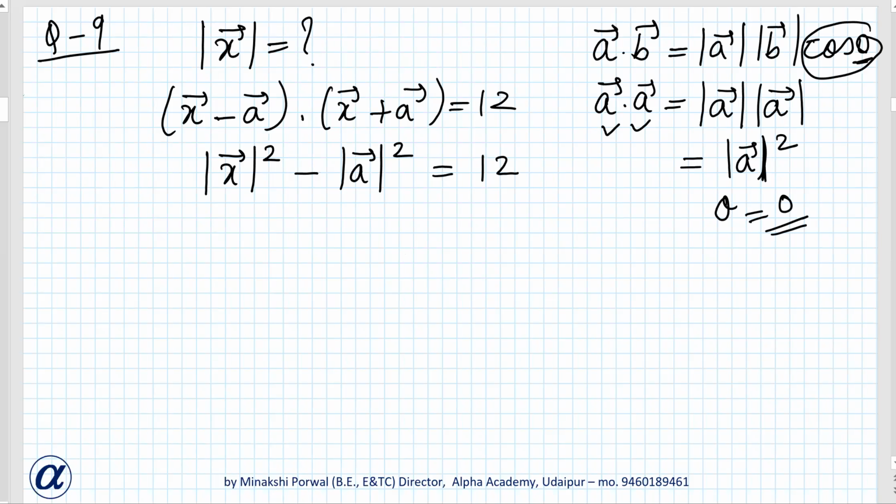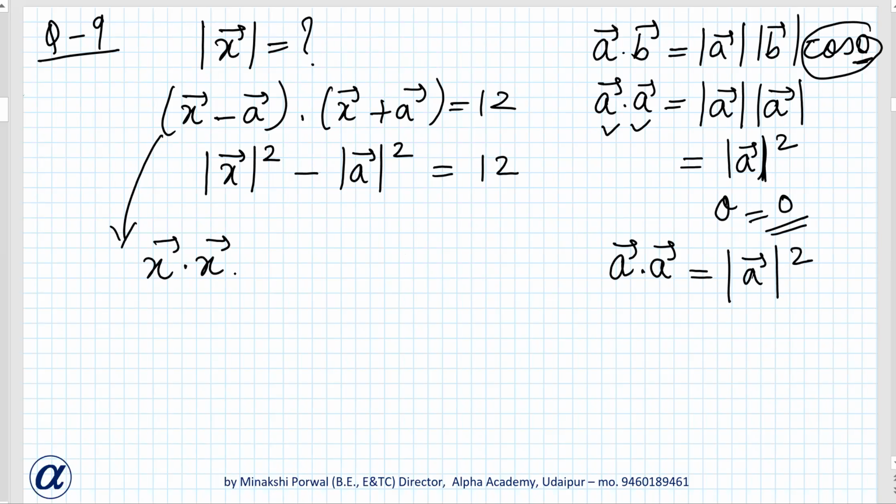Whenever we have a dot product of a vector with itself, we can write it equal to magnitude of its square. So when we are expanding it, we will get x dot x plus x dot minus a dot x minus a dot a equals 12.